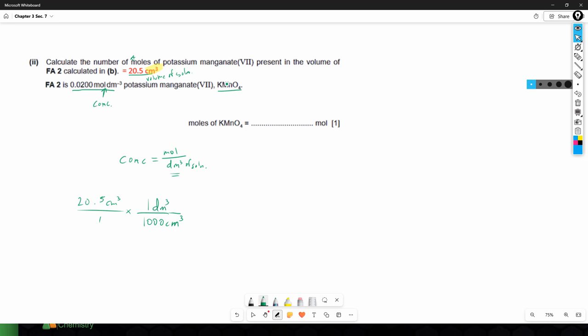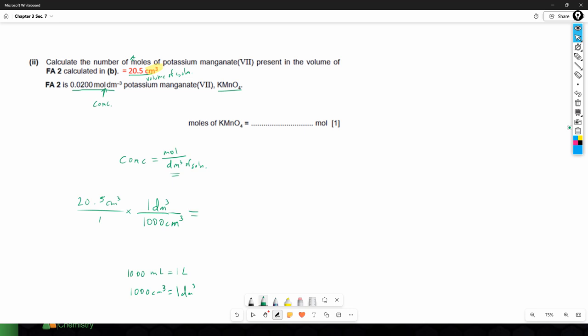So 1,000 milliliters is equal to 1 liter. 1,000 cubic centimeters is equal to 1 cubic decimeter. They're the same thing because a cubic decimeter is a liter, cubic centimeter is a milliliter.